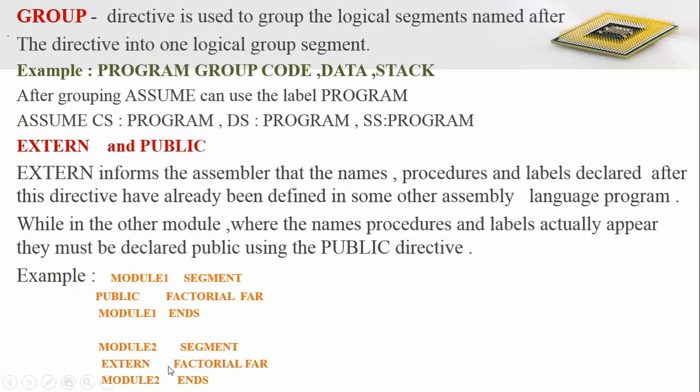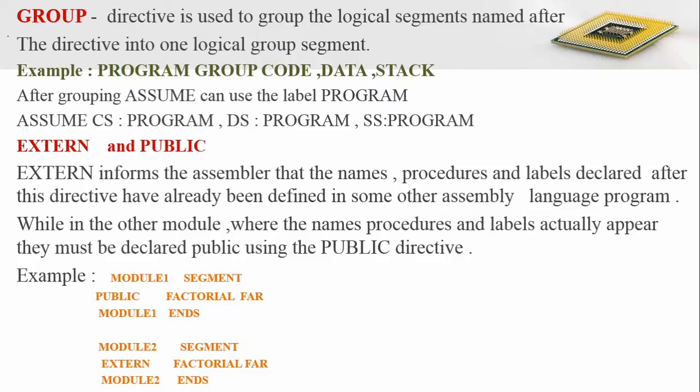Next is the GROUP directive. This GROUP directive is used to group the logical segments named after the directive into one logical group segment. It is actually used for grouping the names of various logical segments into a single group.